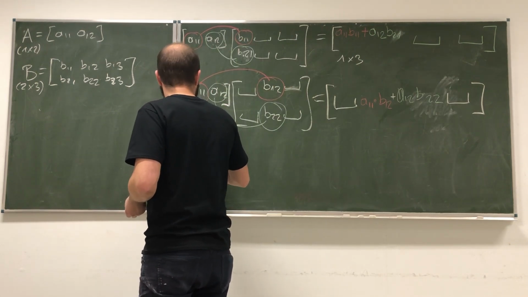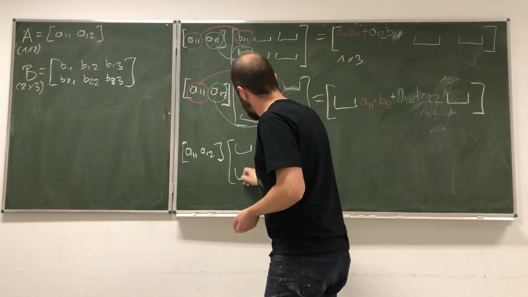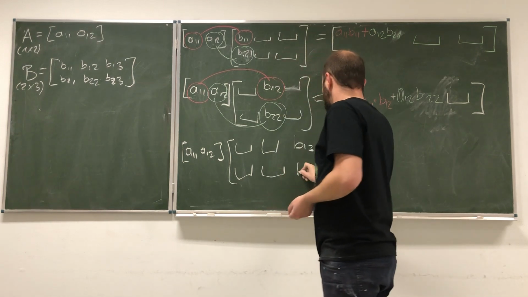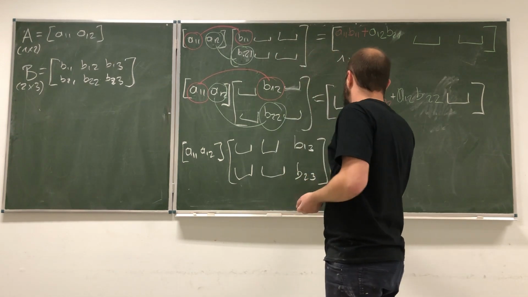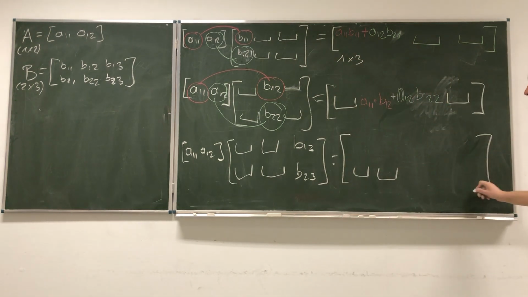A11, A12. Now we are not interested in the first two columns. We are interested in B13, B23. The first two places are irrelevant.